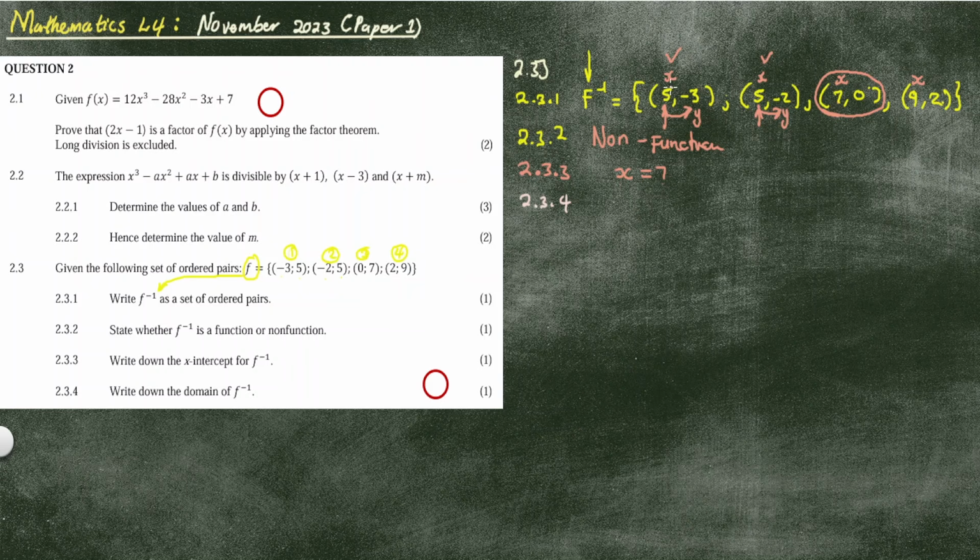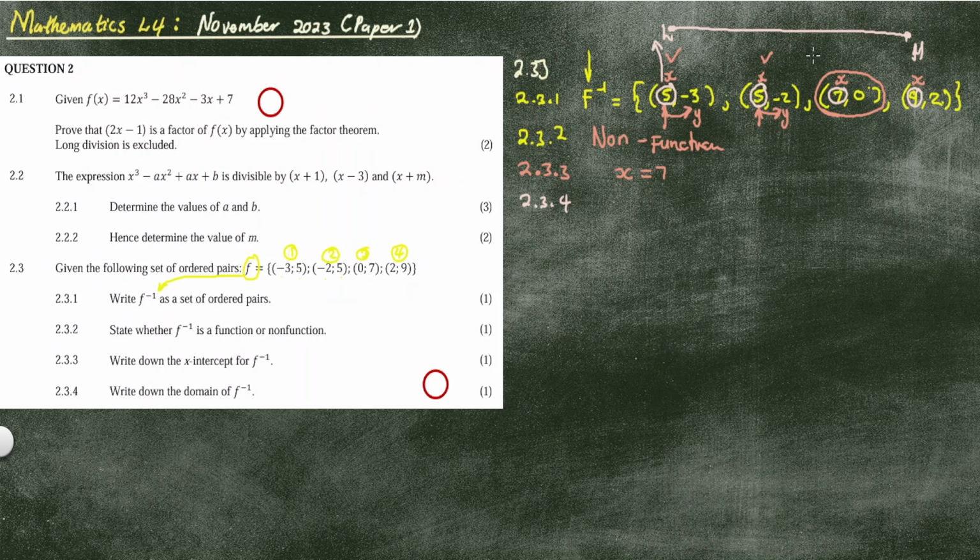So my x values are 5, 7, 9. This is the lowest value. This is the highest value. So between 5 and 9 is my domain. It starts from 5, it ends at 9, and everything in between 5 and 9 is considered the domain for this function.